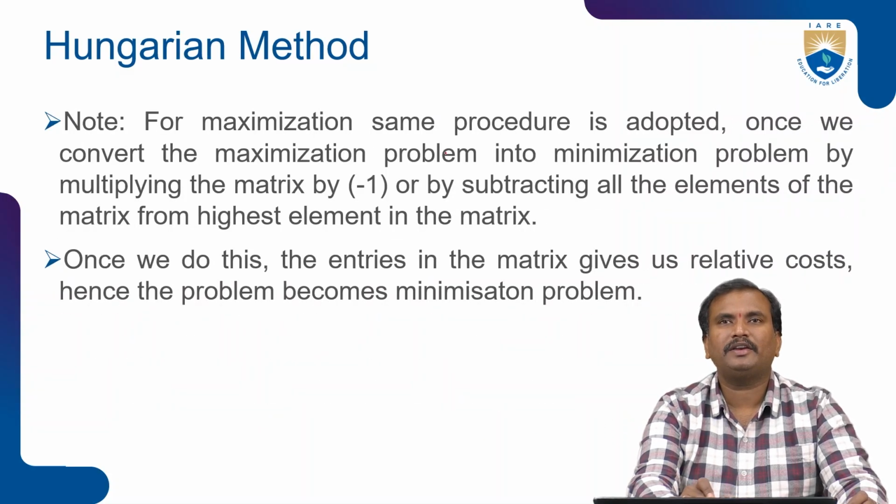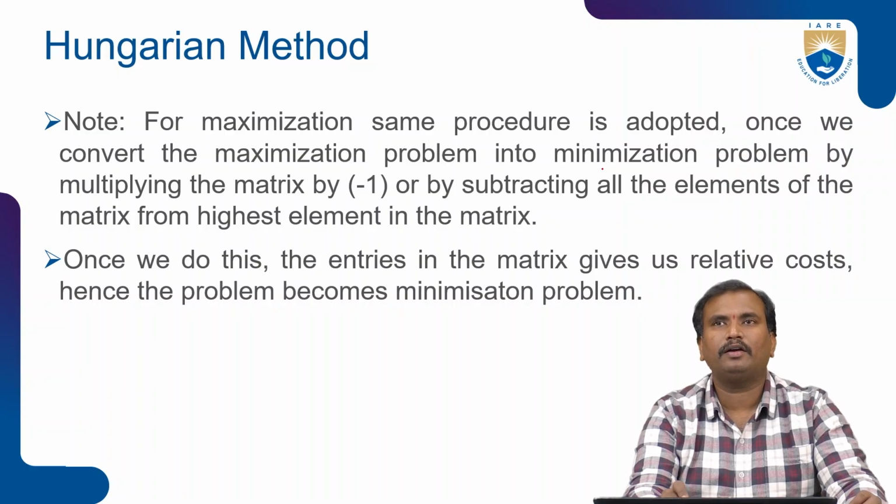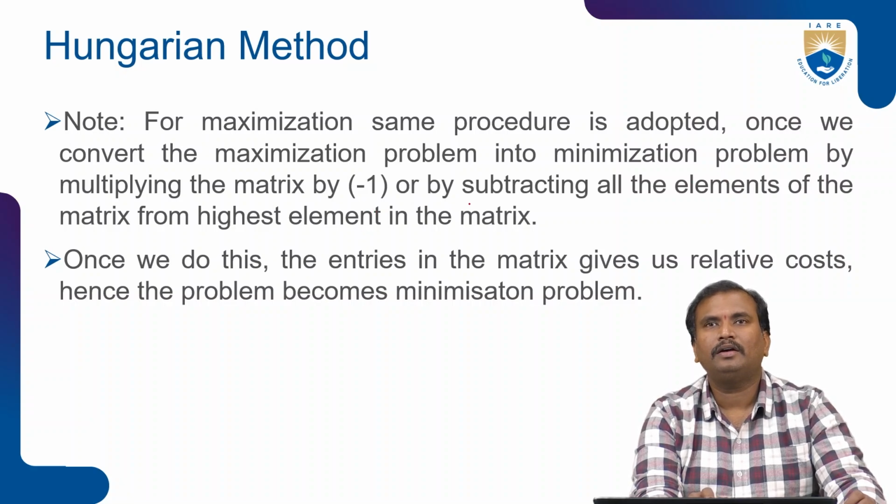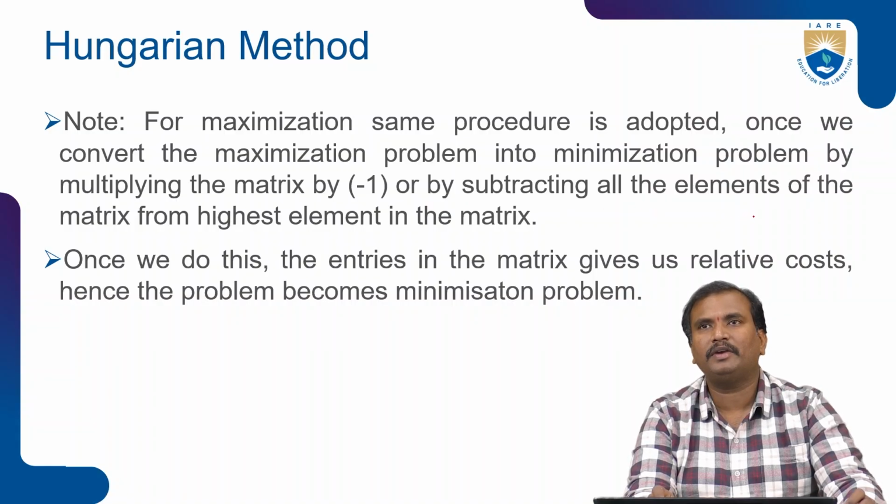And note, for maximization, the same procedure is adopted once we convert the maximization problem into a minimization problem by multiplying the matrix by -1 or by subtracting all the elements of the matrix from the highest element in the matrix.